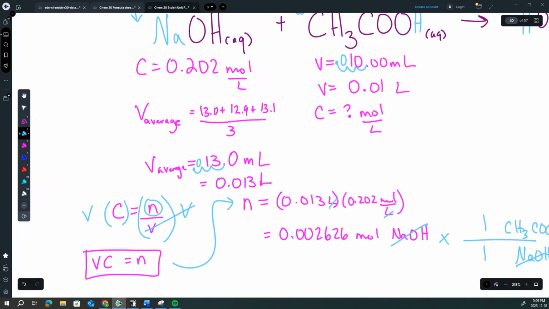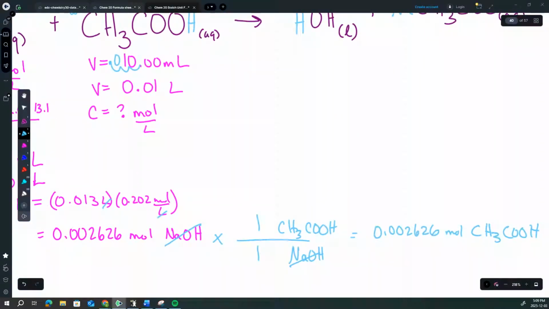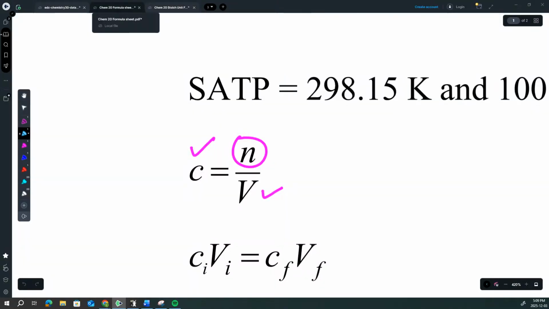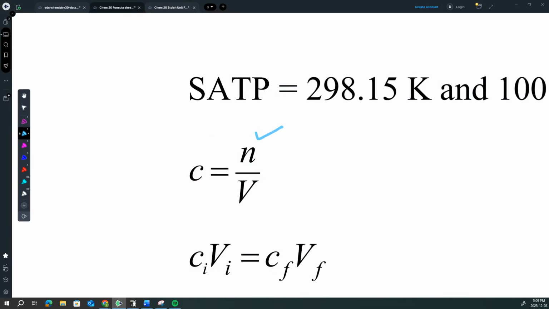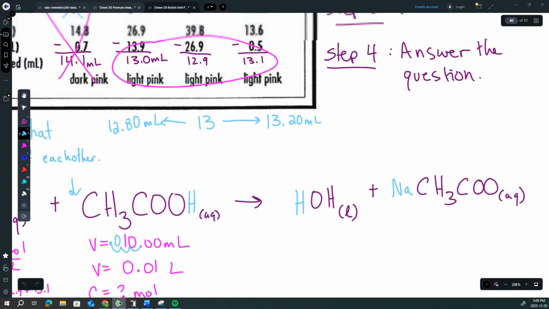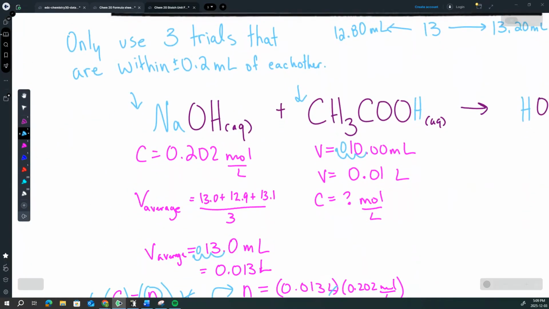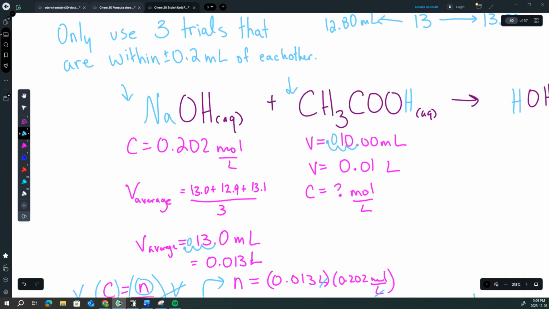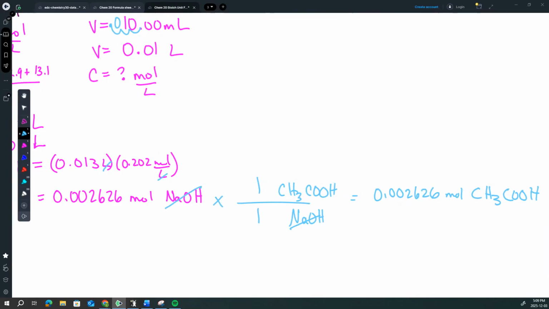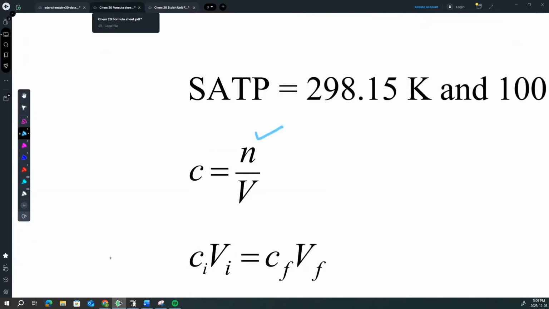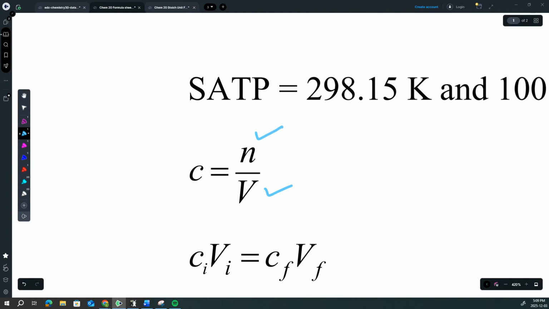So I'm going to go back to that formula that we started off with here. Concentration is equal to moles divided by volume. The reason why I'm going to use this is because we just figured out moles of acetic acid, and if we look back at the question here, we already have the volume of acetic acid.